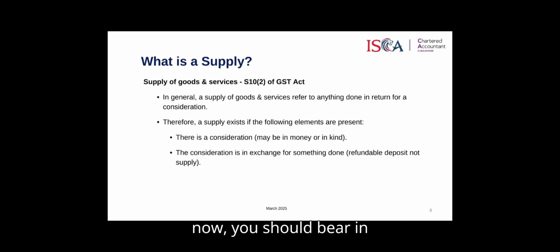For now, you should bear in mind that whenever you see a transaction involving a consideration in exchange for another matter, such as goods or services, it is likely to form a supply. An example of what is not a supply would be a situation where you place a refundable deposit.